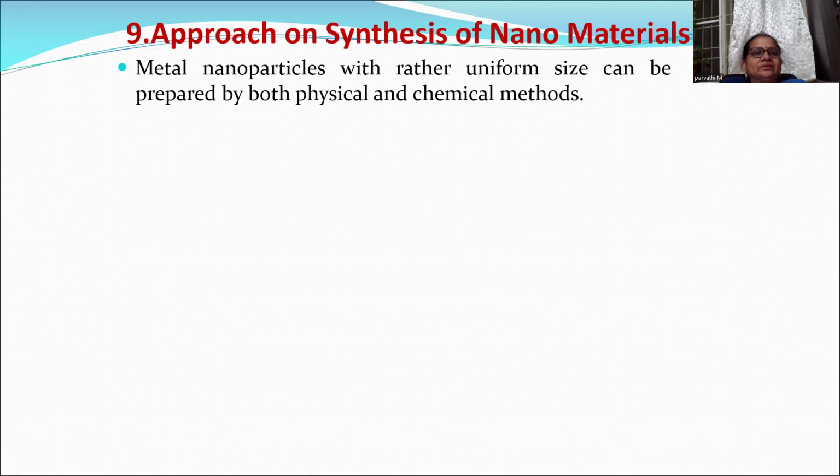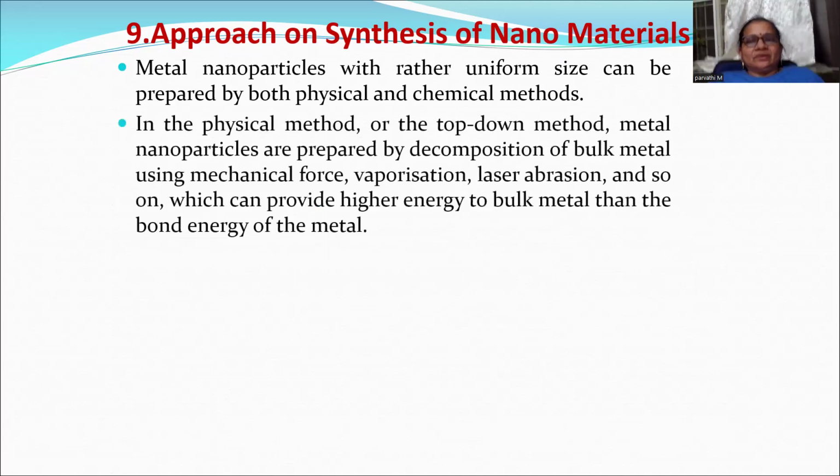Generally, metal nanoparticles with a rather uniform size can be prepared by both physical and chemical methods. Okay, so here the physical method is the top-down method. So top-down or bottom-up: the top-down method is also named the physical method.